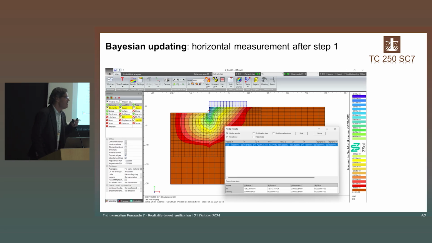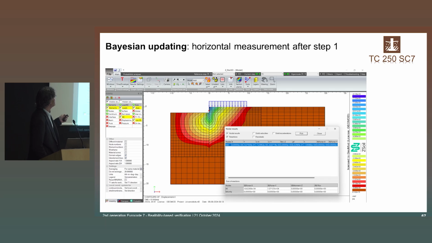But I think Johan and Kerstin also talked about, and also Timo actually, everybody said the word Bayesian. So what is the Bayesian updating? It's somehow a mathematical formalization of the observational method.